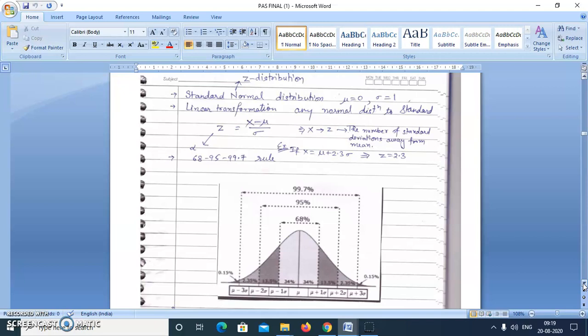So first we have to convert the normal distribution to standard normal distribution, which has mean 0 and standard deviation 1, which is also called Z distribution. So we'll use the Z table, or normal distribution tables, in these questions. And first we have to linearly transform the data from normal to standard normal.